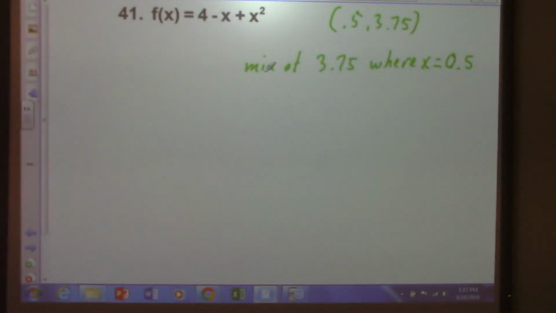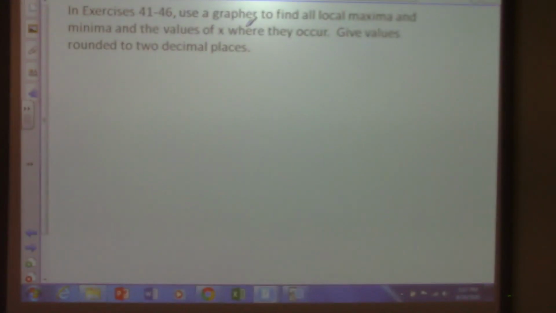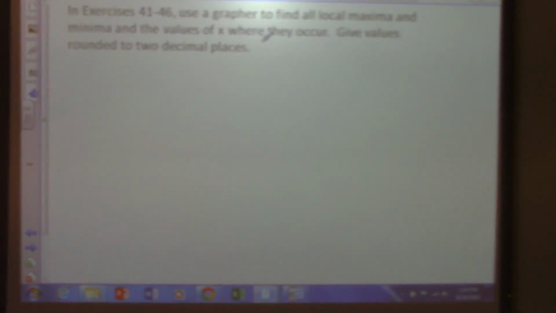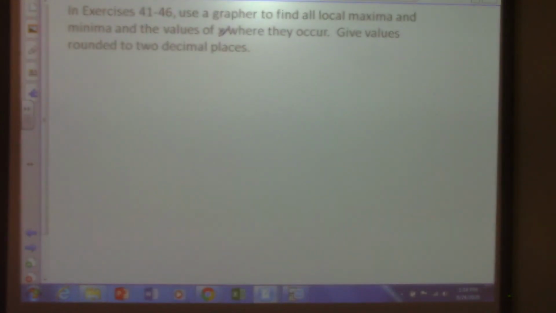Yeah. Well, the thing about it is, look at the way the problem is worded. It says, give values rounded to 2 decimals. It says, find all local maxima, minima, and the values where they occur. So I want to answer as closely as I can to the original instructions. So I want to say, okay, the minimum of 3.75 where x equals 0.5.